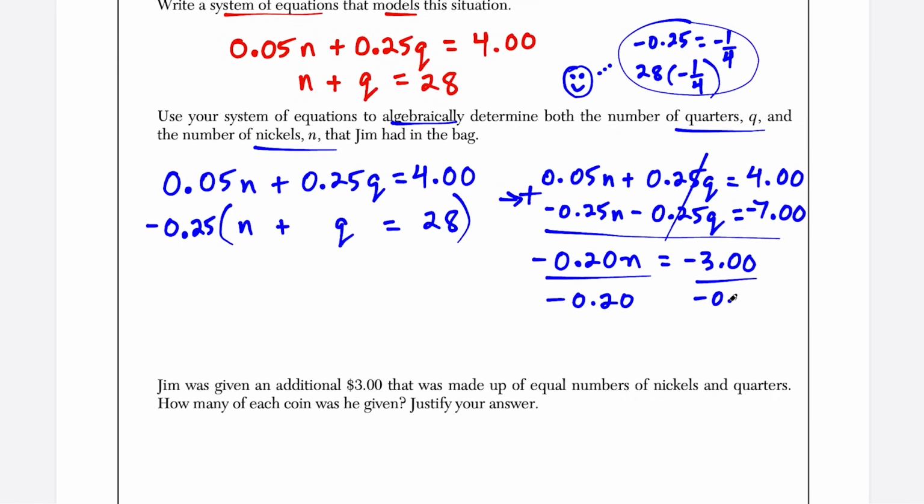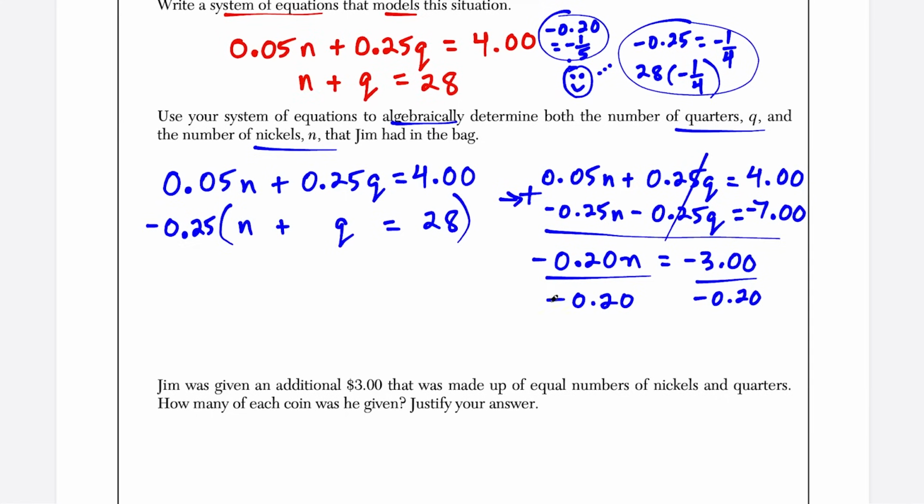For this part, I think it's fun to go over some mental math. If it's the actual test, for sure use a calculator just to verify, but this is just fun for practice. Negative 0.20 is the same thing as negative 1/5.